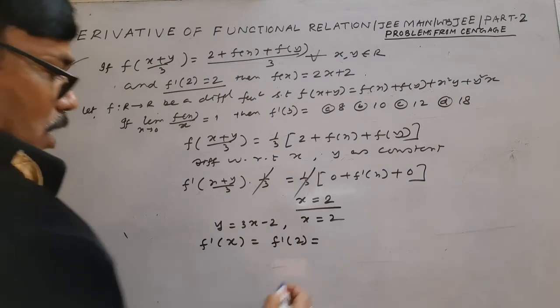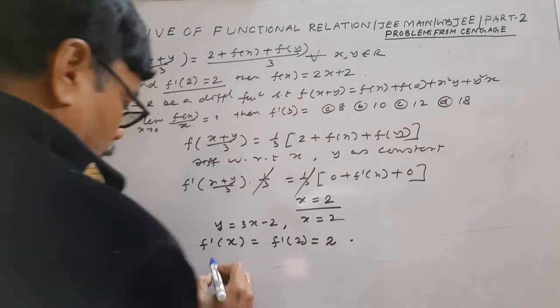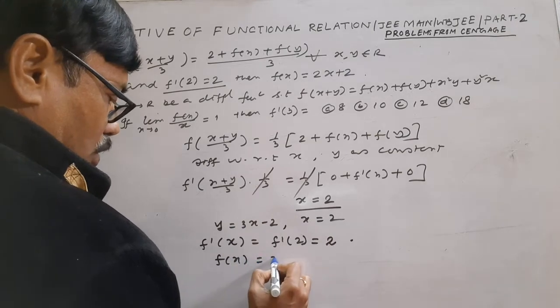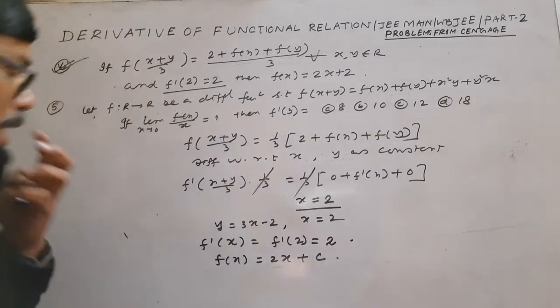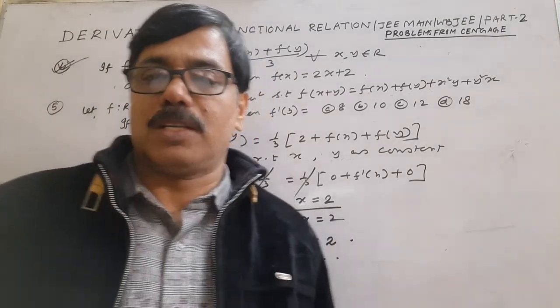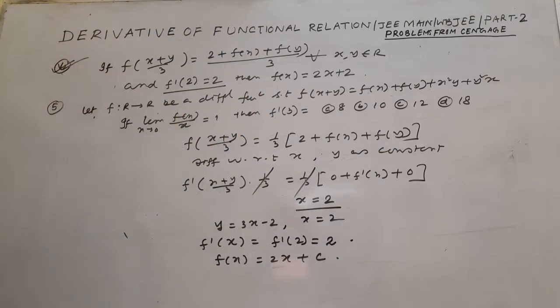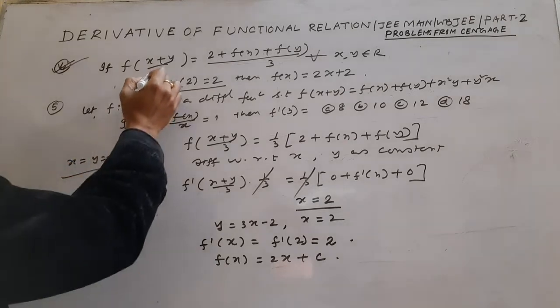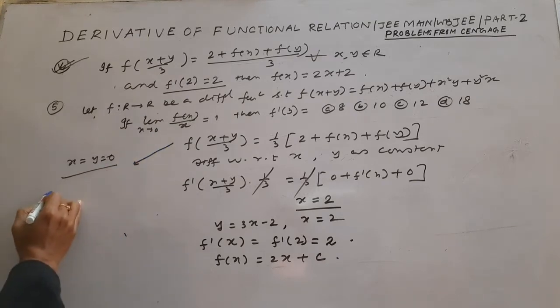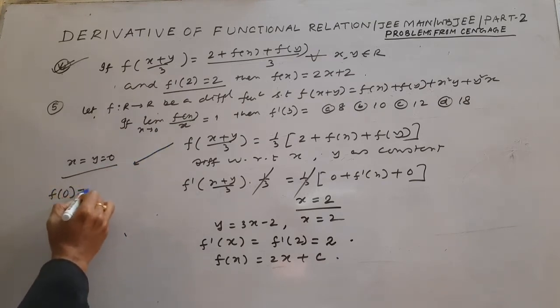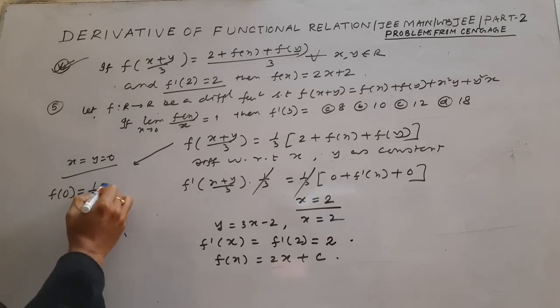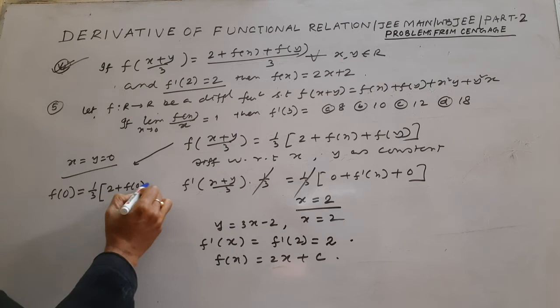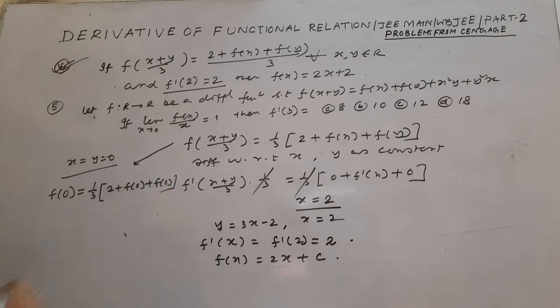Now f'(2) is given. So this is 2. So integrating, f(x) equals 2x plus c. Now we have to use the initial condition. So if we put x equals y equals 0 in the given relation, we are getting f(0) equals (2 + f(0) + f(0))/3.